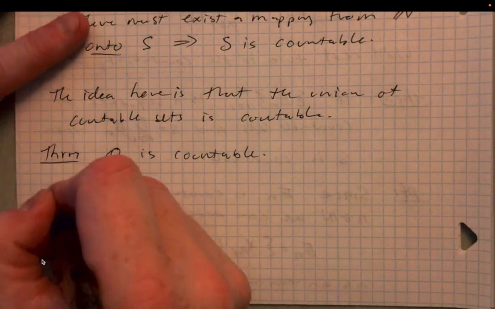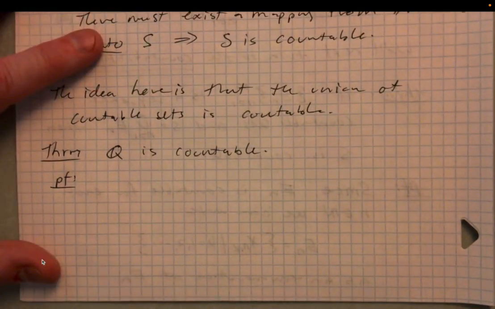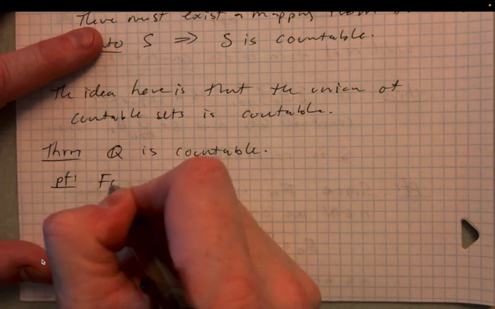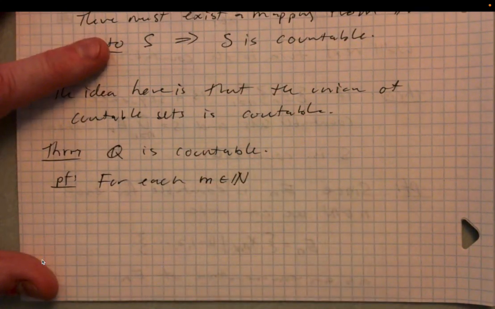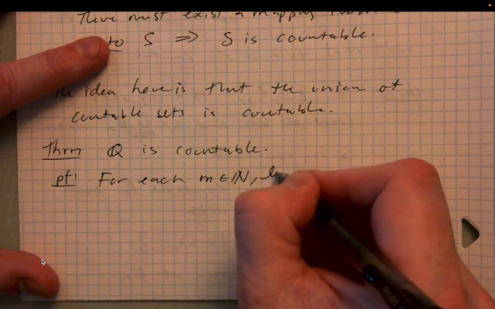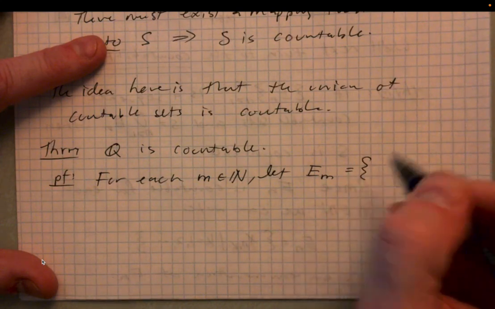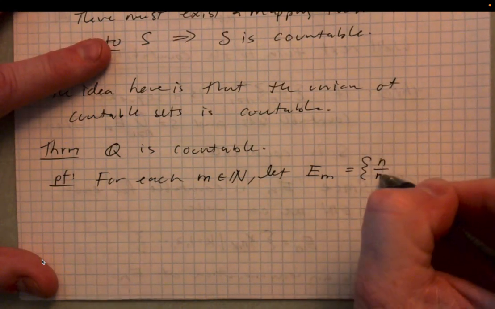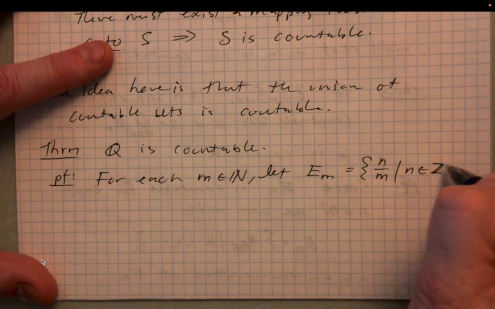So what are we going to do to prove this? Well, we're going to use the previous theorem heavily. So for each natural number m, let E sub m equal the set n over m such that n is in the integers.